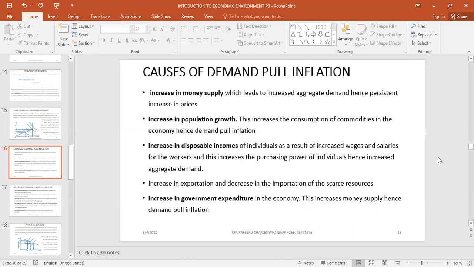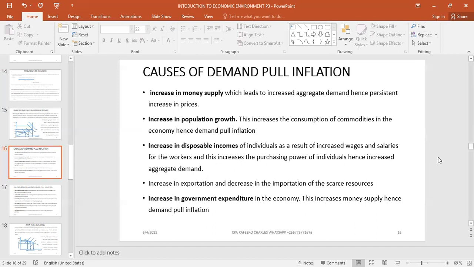But if you find that the producers cannot even produce what the population can consume, then we expect there is going to be an increment in the prices, which will cause demand pull inflation.